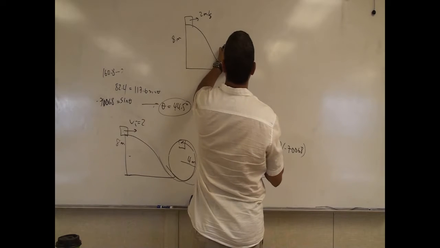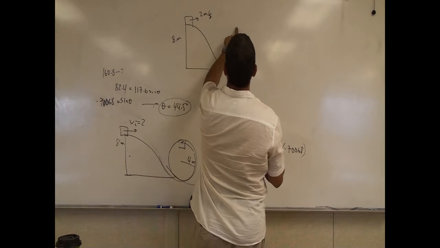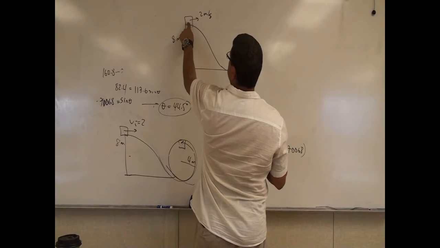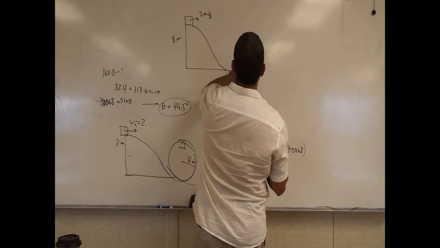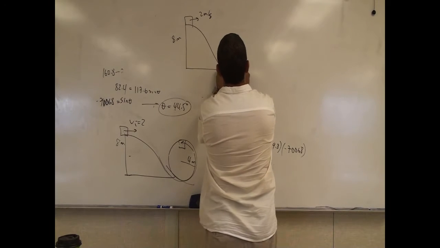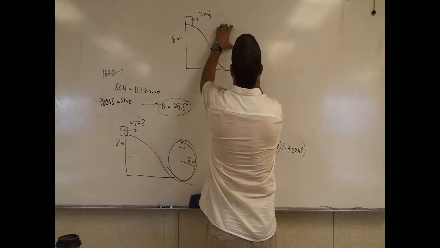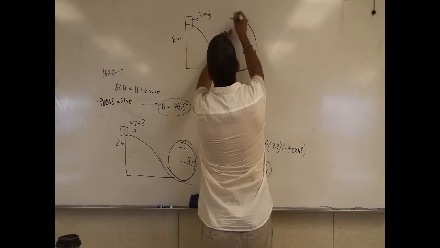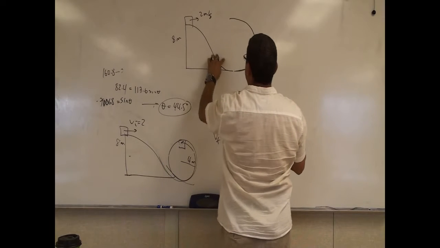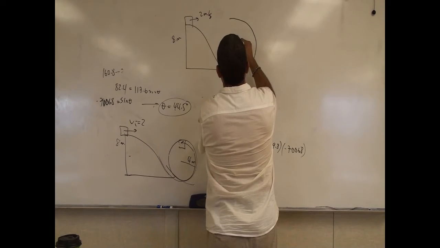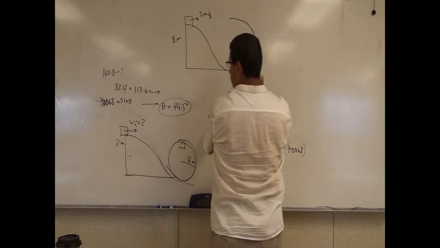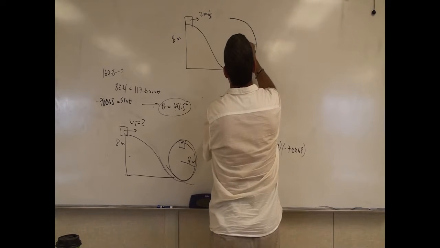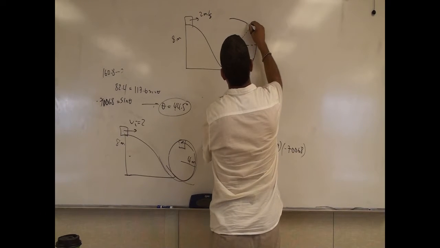If it's 4 meters radius, that means the top of the circle is same as the top of the incline. You see, 4 meters radius. So it's going to be like this, 4, another 4, it looks like this, you see. So then this is going to come down like this, and how far up is it going to make it? Okay, the angle is 44, so that looks something like this. So it's going to make it all the way to over here.